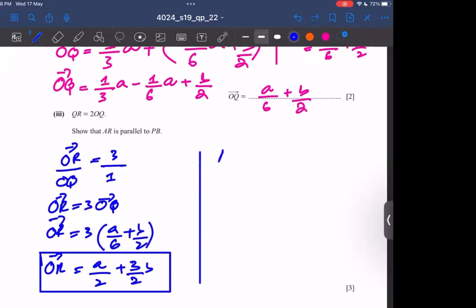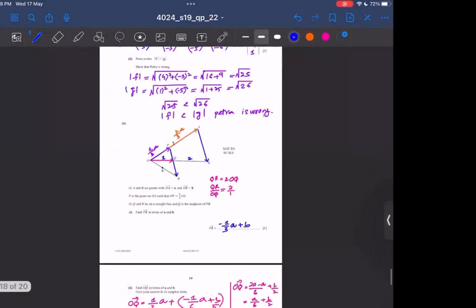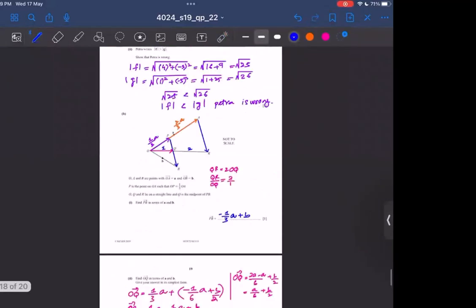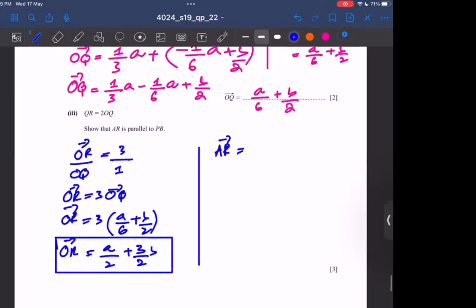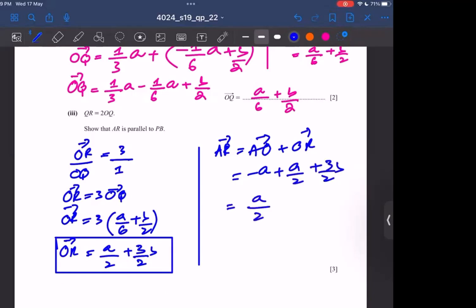AR vector over here is going to be A till O and then O till R. So A till O is minus A, then plus OR. Minus A plus A by 2 plus 3 upon 2 into B. Minus A plus A by 2 is minus A by 2 plus 3 upon 2 into B. You got the AR vector here.